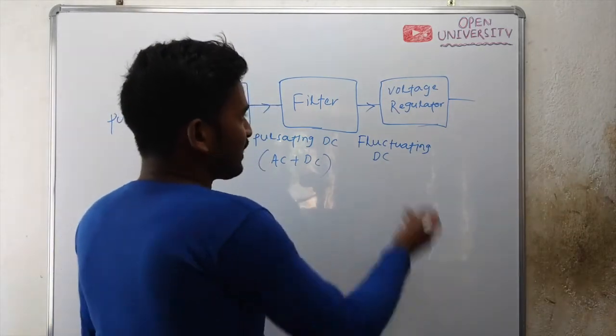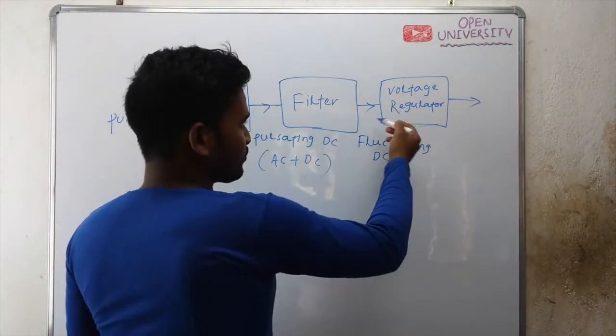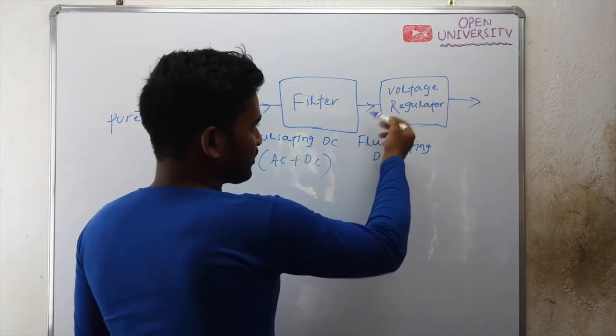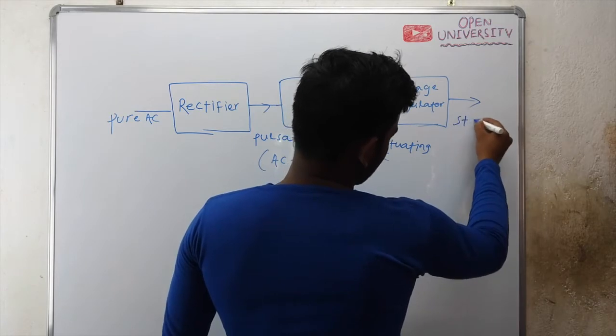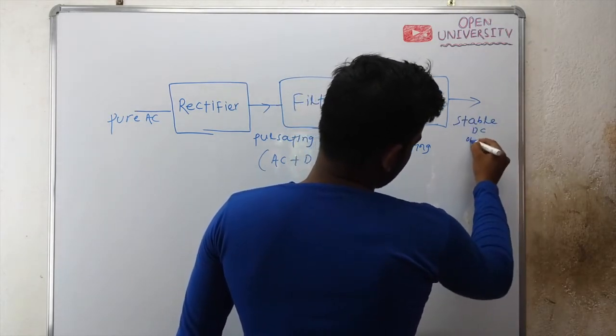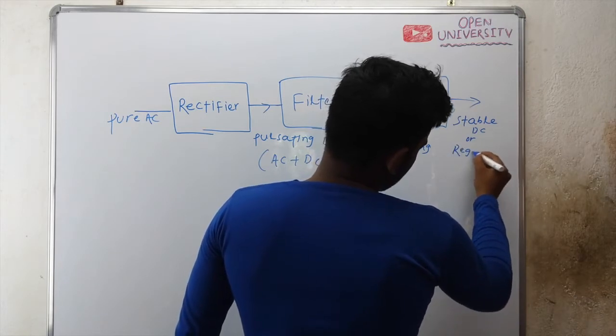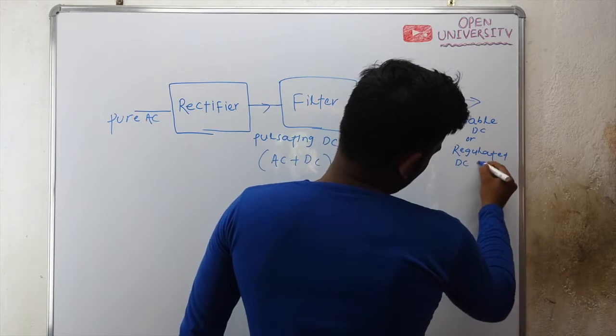Okay, and we require stable DC, and in order to get stable DC, we need to give the output of the filter to a voltage regulator. Then we will get a stable DC output, also called regulated DC output voltage.